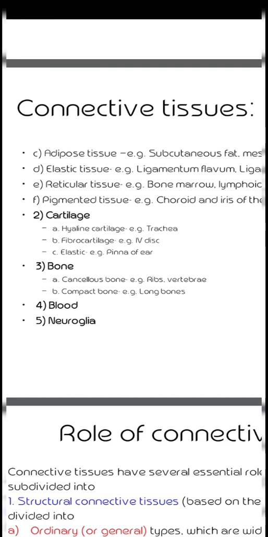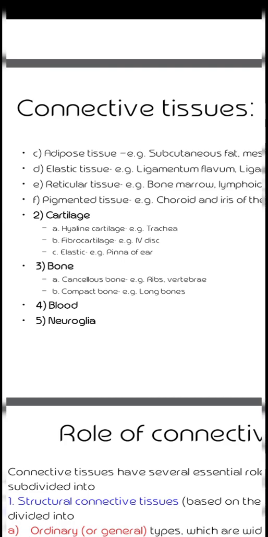Hyaline cartilage, the example given here is trachea. Trachea is the windpipe through which we breathe in the air. Fibrocartilage is a type that forms intervertebral discs. Vertebrae are present on the back.